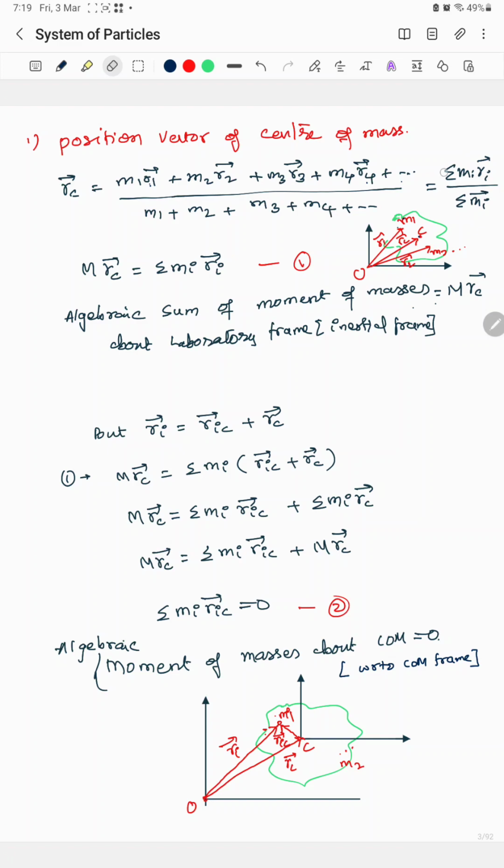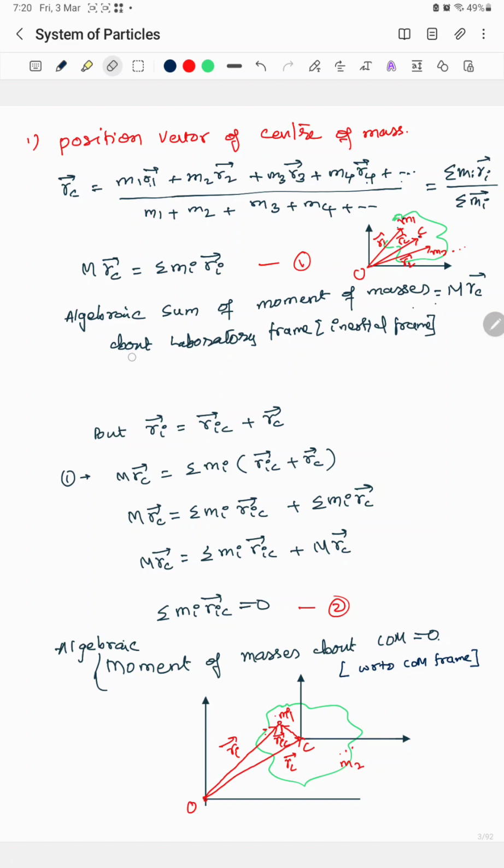This can be written as summation mi ri bar by summation mi. Summation mi can be taken as the total mass of the system, and I am taking this to this side. So capital M Rc bar is equal to summation mi ri bar. This side is called the algebraic sum of moment of masses, that is equal to capital M Rc bar.